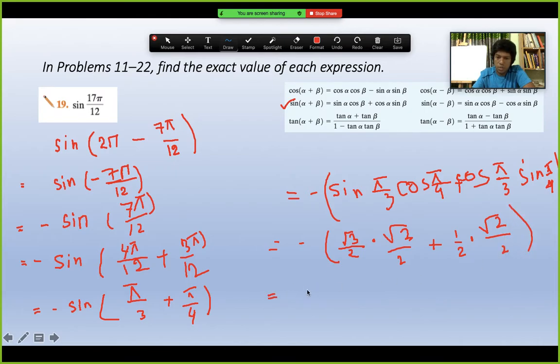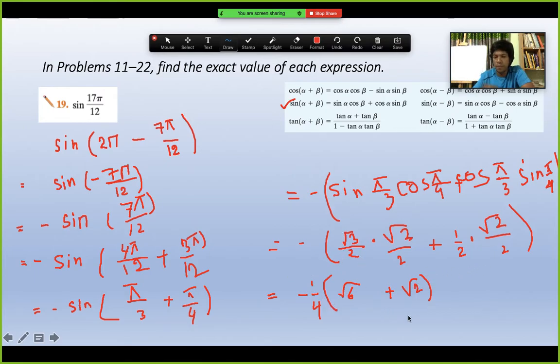So this is also somewhat similar. We can take 1 by 4 common in one line if we want. Then it becomes root 6 plus root 2. Actually, if we want, we can take root 2 common also. If we take root 2 common, then the answer will be root 3 plus 1.